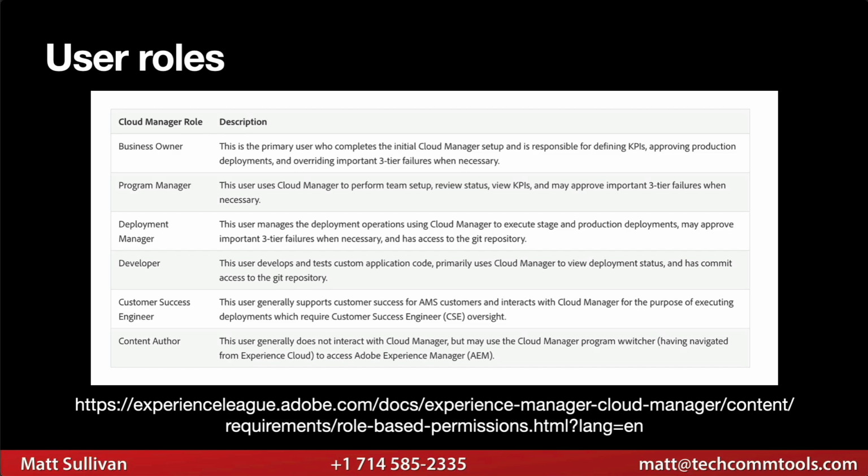And regardless of location, language, software version, or option, you're likely to have many different types of users. So here's content from Adobe's own Adobe Experience Manager, or AEM documentation, showing the various user roles that are available to the users of the AEM product.